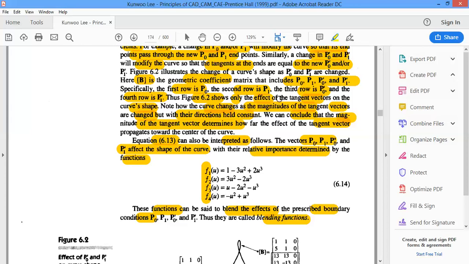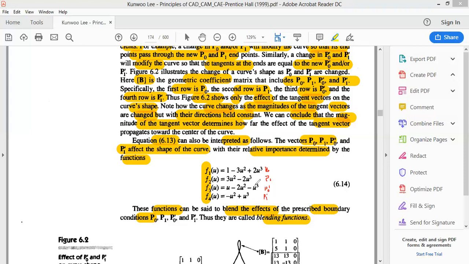So with this, it's always going to be in a particular order, where this is going to be for p naught, and this is going to be p1, and this is going to be for p naught dash, and this is going to be for p1 dash, right?